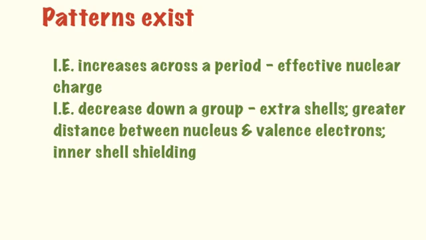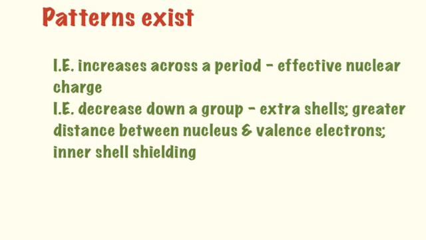So won't that affect our electrostatic attraction? Wouldn't there be a greater attraction between those valence electrons and the nucleus? And wouldn't that require more energy to remove those valence electrons? I think the answer to all those is yes.